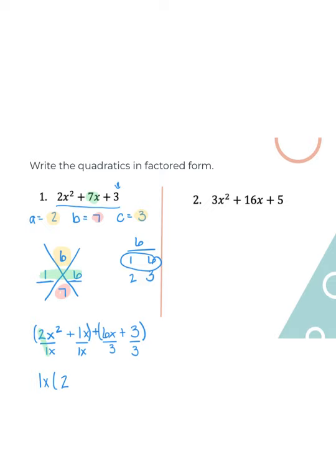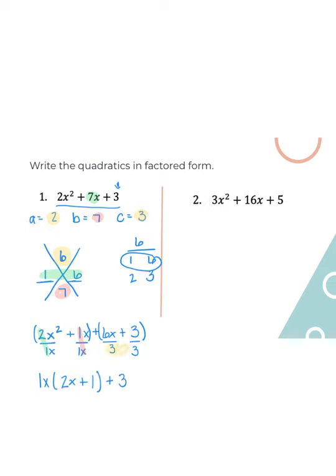And x squared divided by x just leaves me an x. I'm going to say plus, and now I am right here, 1x divided by 1x. Well, 1 divided by 1 is 1. And then x divided by x, I have no x's left, so I'm just going to close that. There's nothing left there.